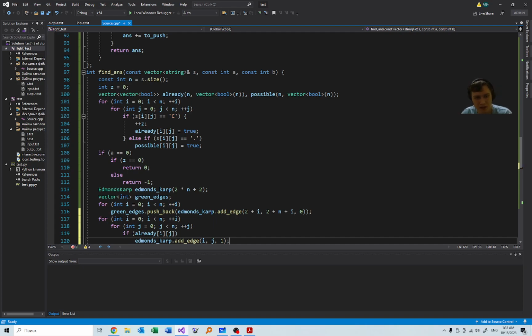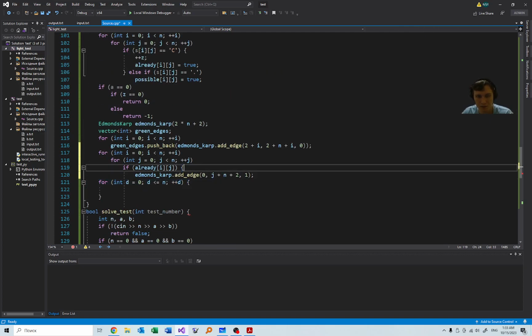No, not like this. And this is actually incorrect. I add from source to the column 1, so j plus n plus 2.